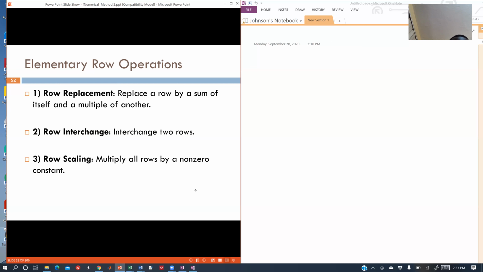In this particular case, the multiple we are talking about here is what we call the Gaussian factors. And so it is going to be the sum of itself and a multiple, which is the negative of the Gaussian factors. In this case, it gives us the multiplier. And that is what we are going to use to replace the given row.